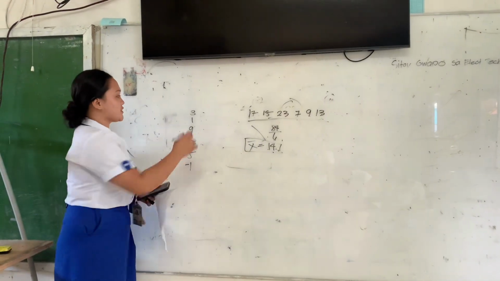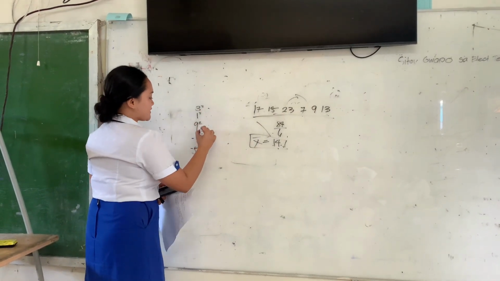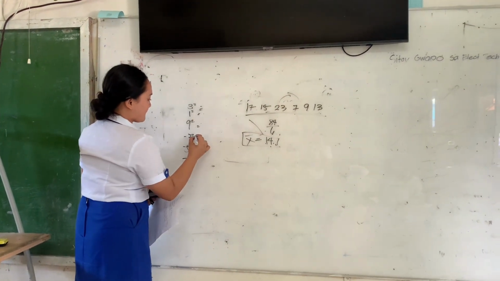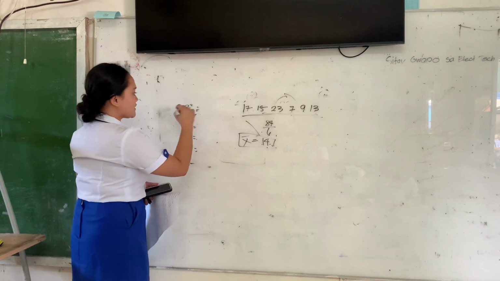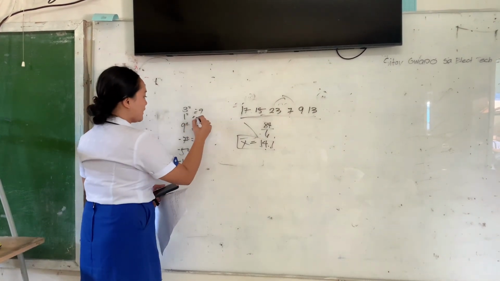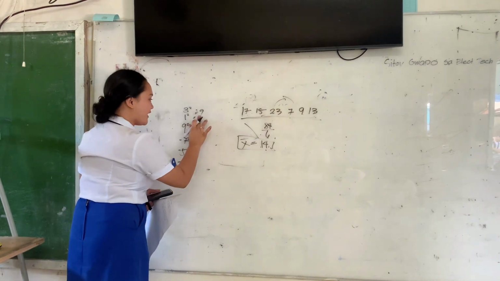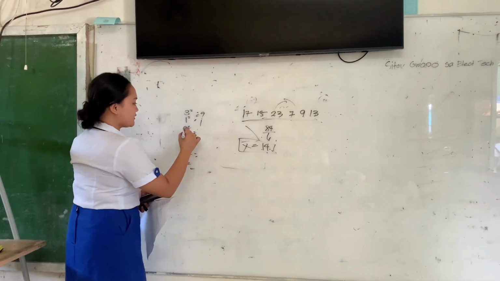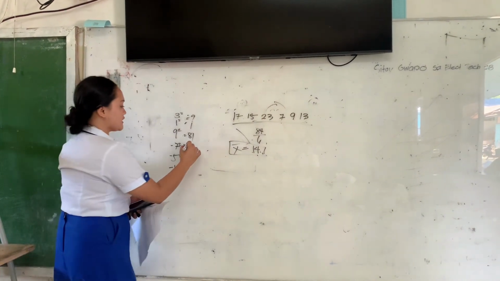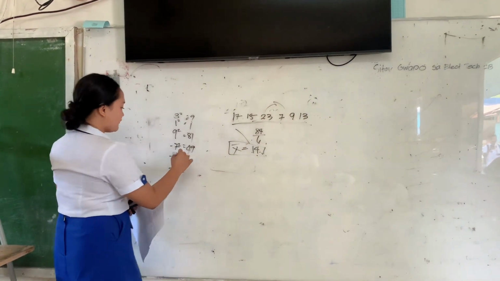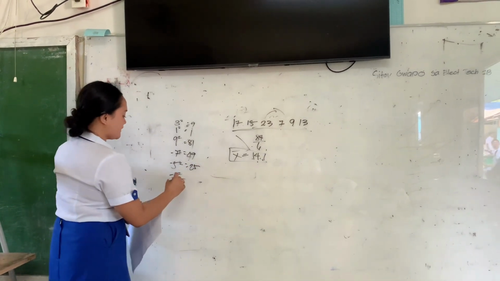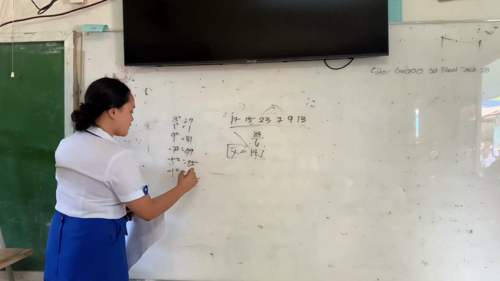The next step is to square all the answers. 3 squared is 9, 1 squared is 1, 9 squared is 81, negative 7 squared is 49, negative 5 squared is 25, and negative 1 squared is 1.